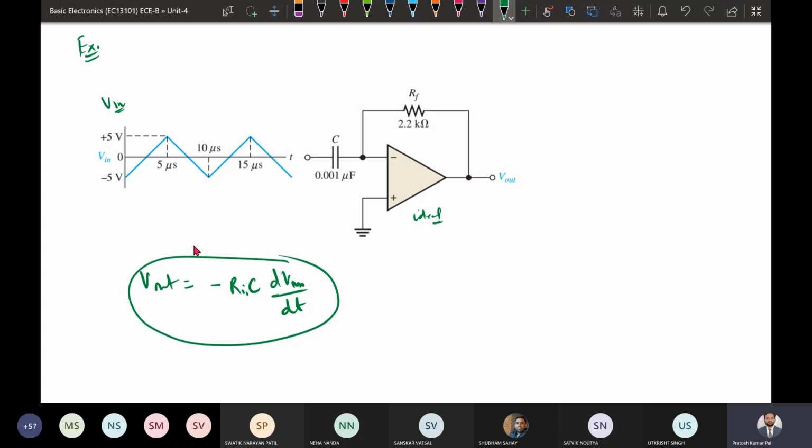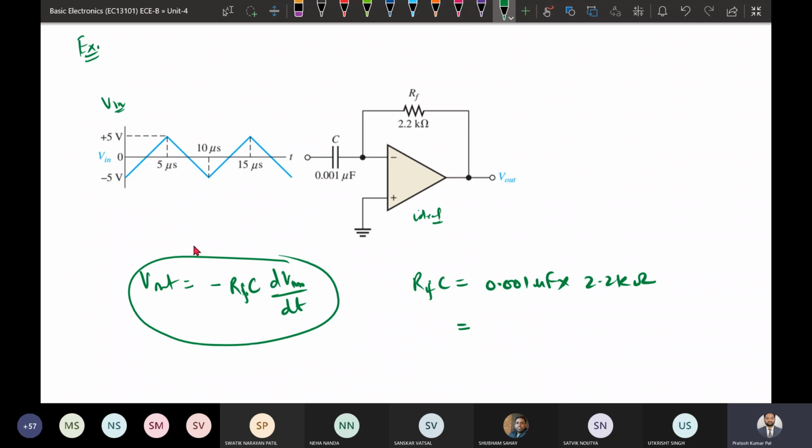The output will be the slope of the input multiplied by R and C. Here RF will be there, C in will be there. So RF and C will be multiplying: 0.001 microfarad multiplied by 2.2 kilo ohms.